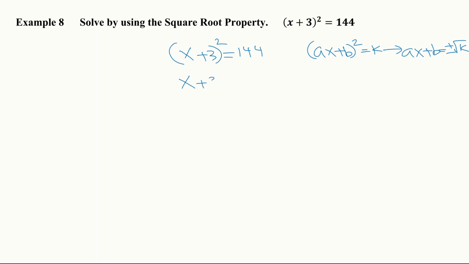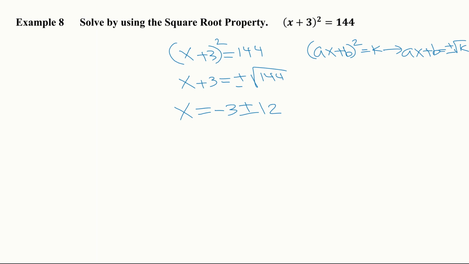So we get x plus 3 equals plus or minus square root of 144. So we get x is equal to negative 3 plus or minus 12, right? So I moved the 3 to the other side, it became negative 3, and here I'm just simplifying the square root of 144, right?